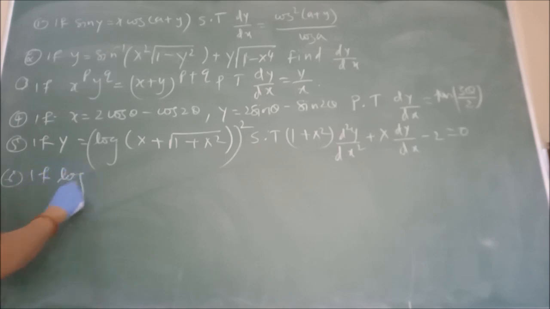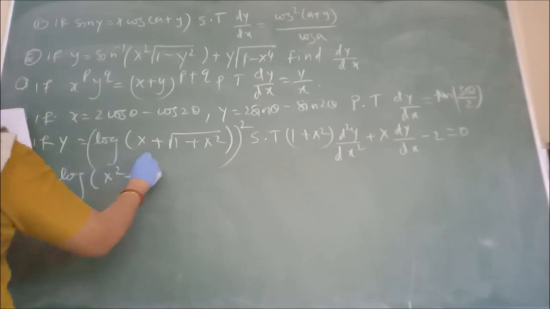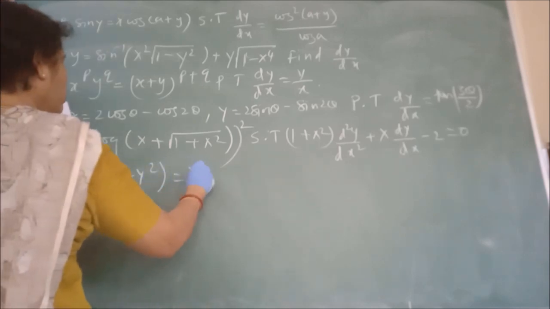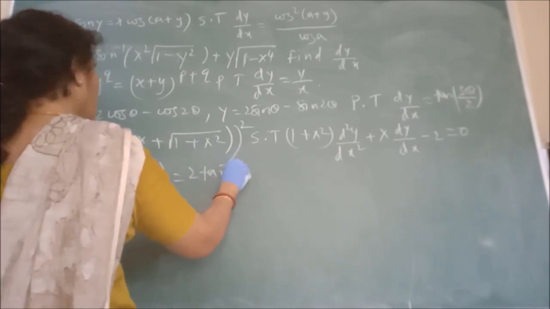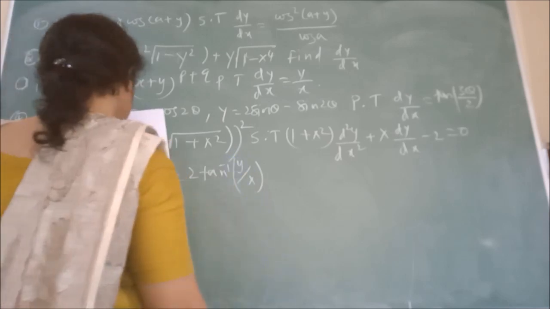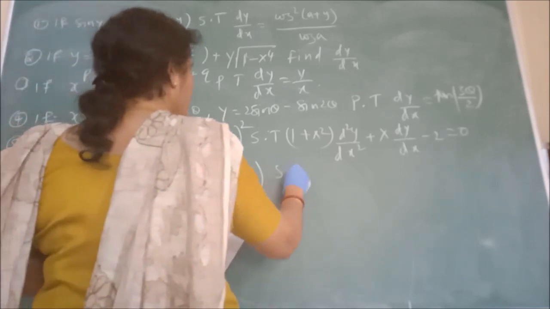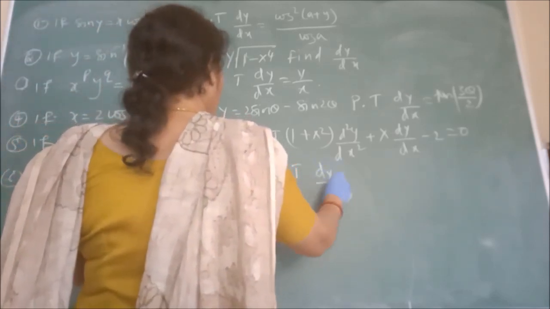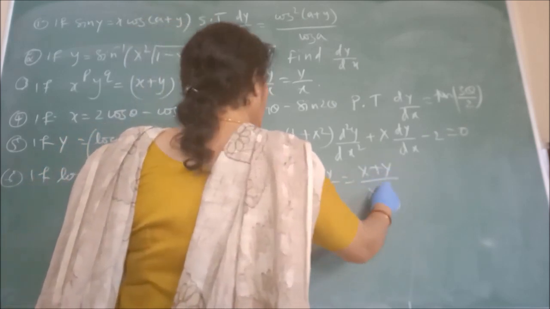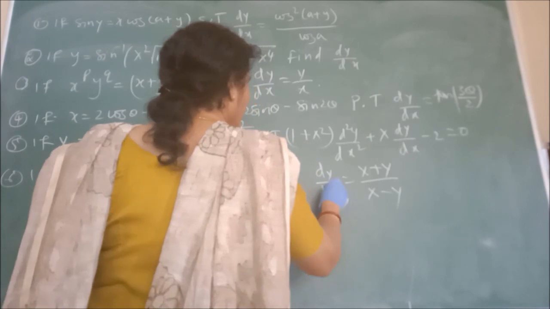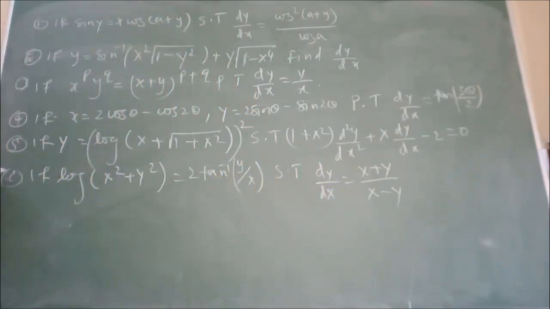If log of under root of x square plus y square equals 2 tan inverse y by x, show that dy by dx equals (x plus y) upon (x minus y).